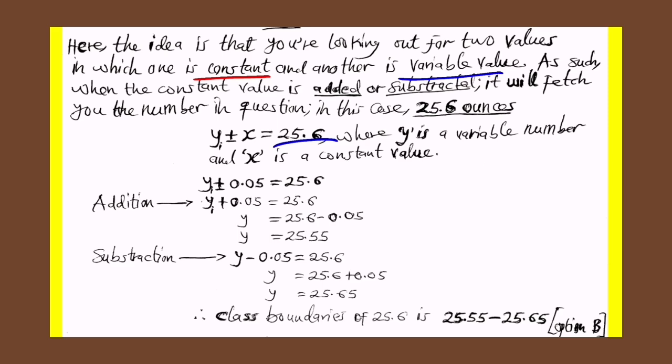I said the value to be added or subtracted should be 0.05. When I go for the addition, I had 25.55.